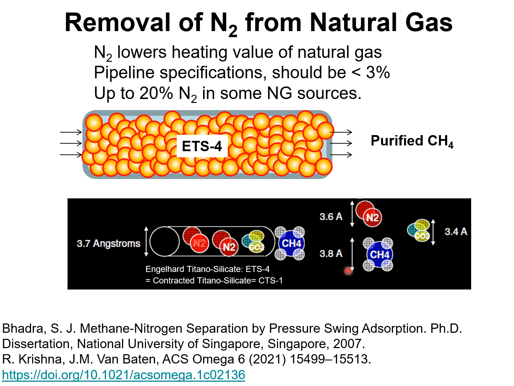Due to size exclusion of methane, the pores of ETS4 have practically no methane present in them. Therefore, the competition between nitrogen and methane is practically non-existent.